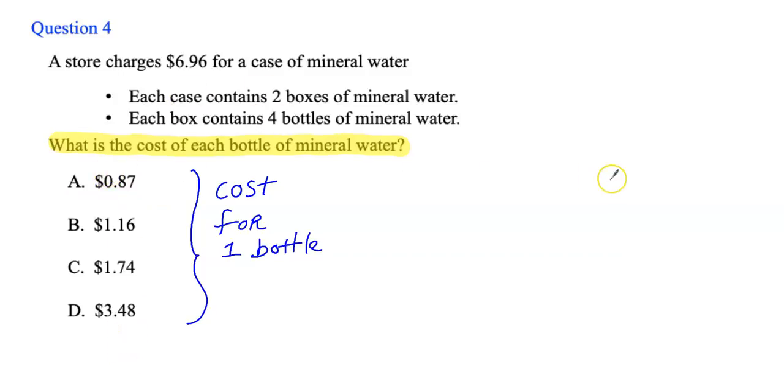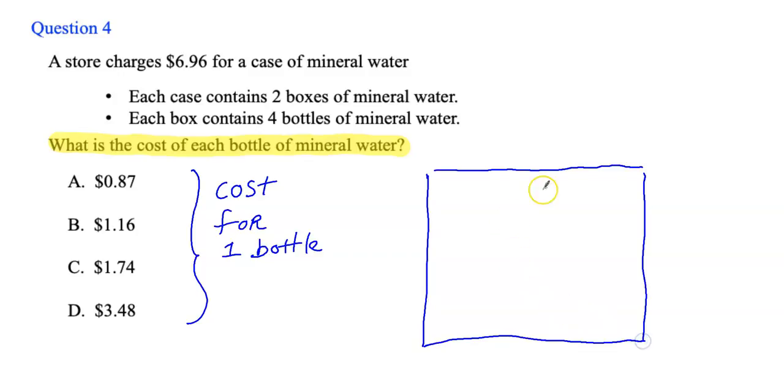Now for a problem like this, let's draw a picture. Let's draw a case first. So this is the case, and it says a store charges $6.96 for a case. So this case costs $6.96.